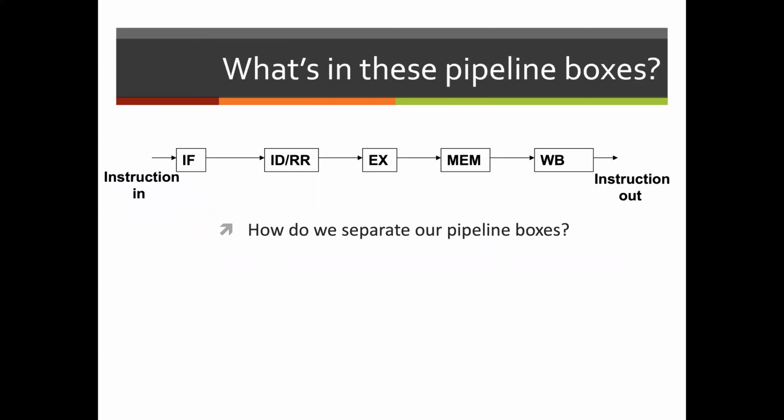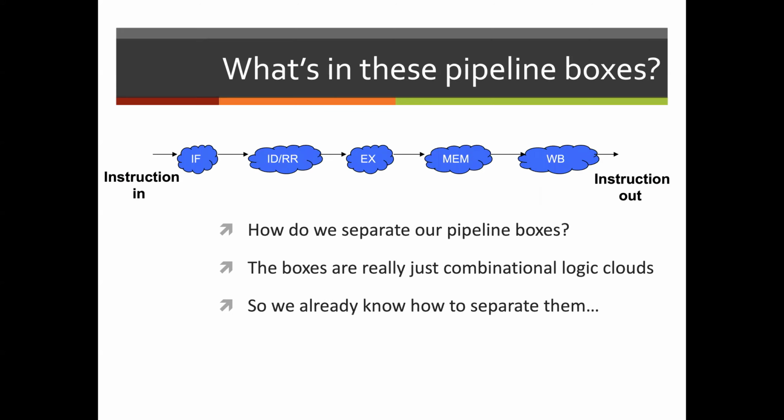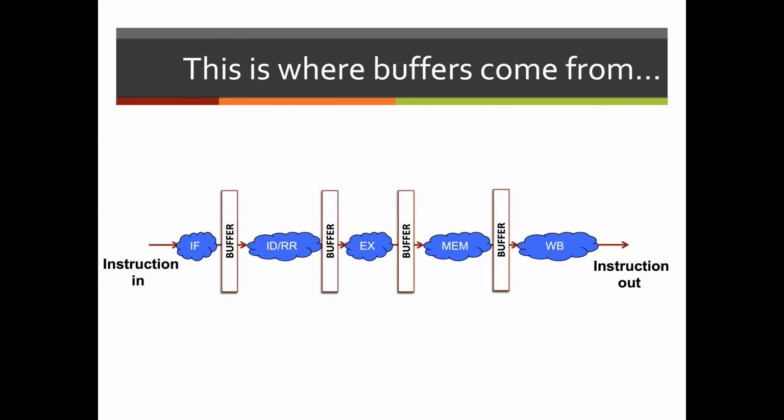And so what can we do in order to separate our pipeline boxes? Really, the boxes are just combinational logic clouds. So we already know how to separate them. And so in this aspect, we're going to use a special register called a pipeline buffer. And the buffer is going to represent the output stage after each combinational logic.